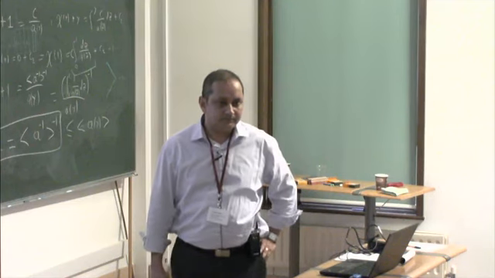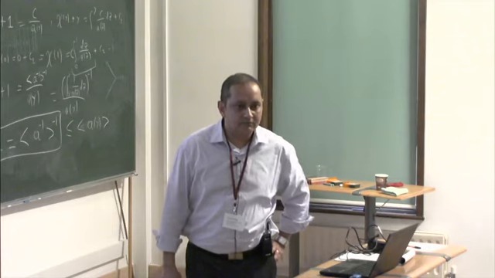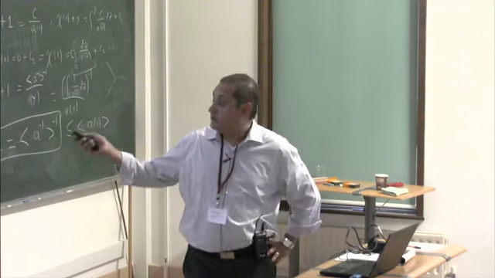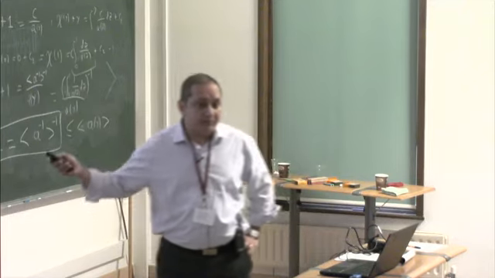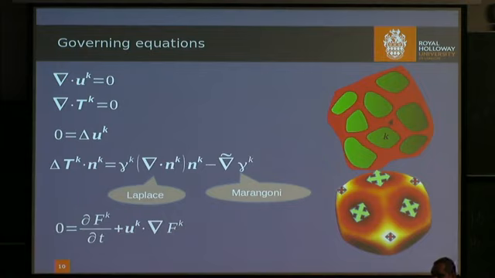I hope you tell how you formulated the triple junction in your model. I don't, because I center everything on the grains here, right? So the triple junction is not an entity in my model. It comes out, but it's not something that I do.